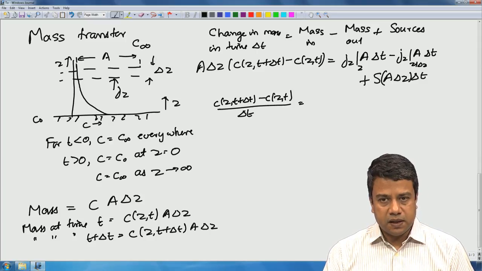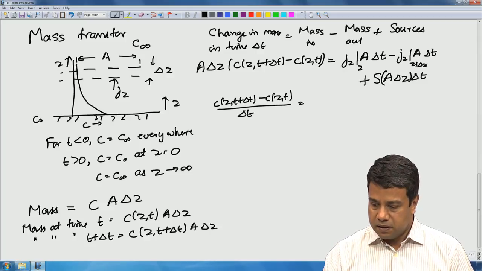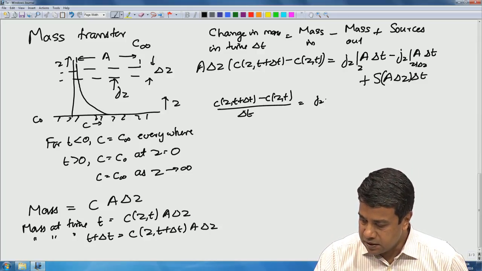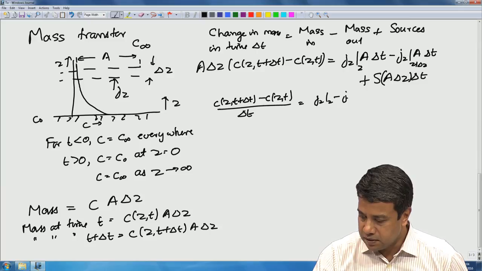You divide by A delta t delta z, you will get J_z at z minus the flux at z plus delta z.